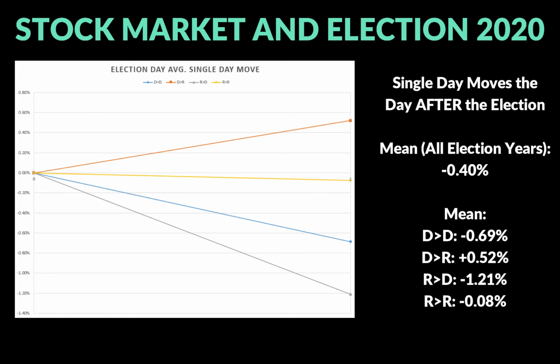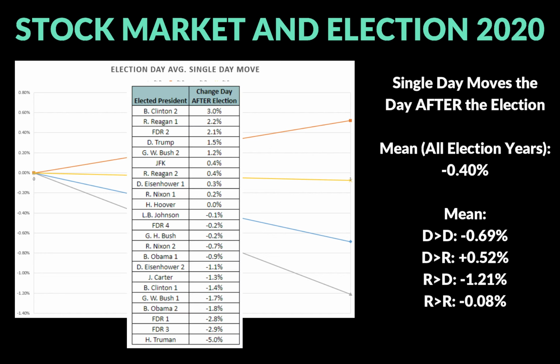We saw that when we went back to the first chart that we looked at, there was a little dip in the market in the average election year chart. And then we also saw that the Republican to Democratic outcome was by far the worst outcome, and both of the Democratic outcomes were a negative result on average, and the only positive result was the Democratic to Republican.